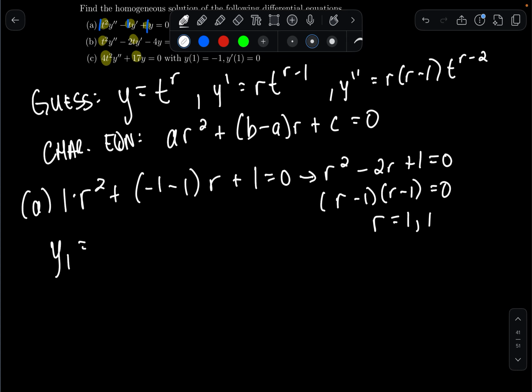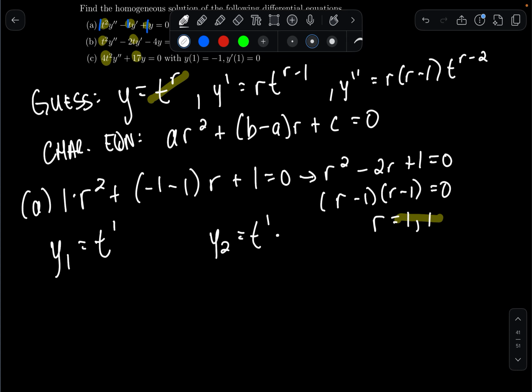So our two solutions are, remember, you are plugging in these r values in t to the r, so it's t to the first and t to the first. The problem, however, is that these are not linearly independent. So just like in the constant coefficient case, we have to multiply by something else to make the second solution linearly independent.